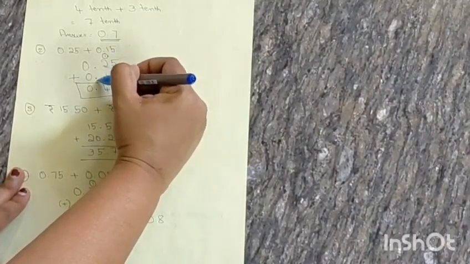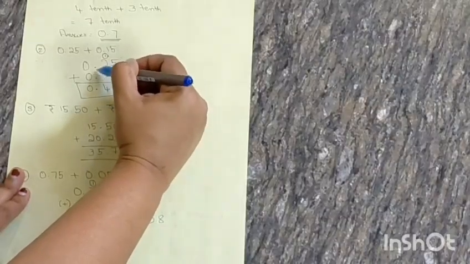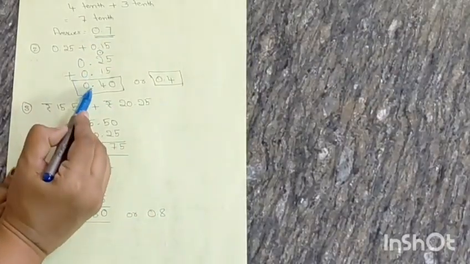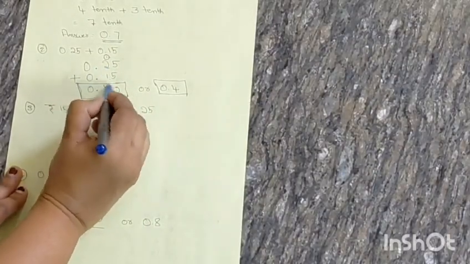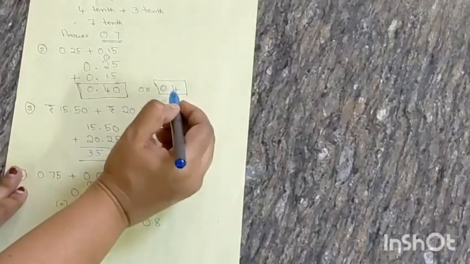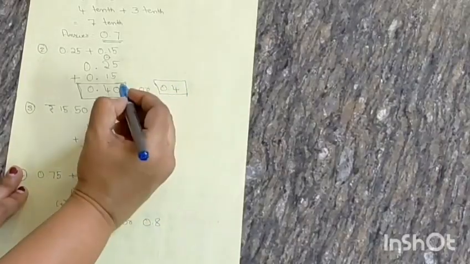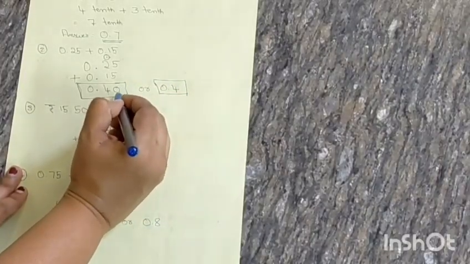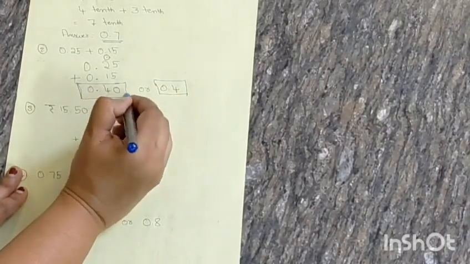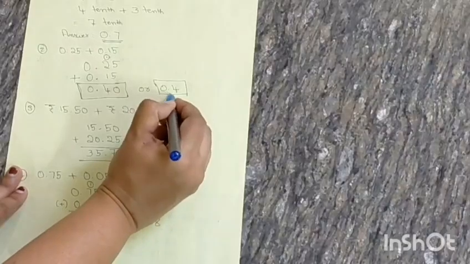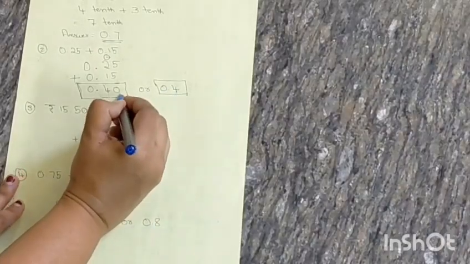So align the decimal point clearly. See, we have to align properly. So 0 plus 0, 0. So the answer is 0.40, or you can write it as 0.4, because in previous classes I said to you, adding 0 next to the number does not change the value. It's the same, 0.4 or 0.40.